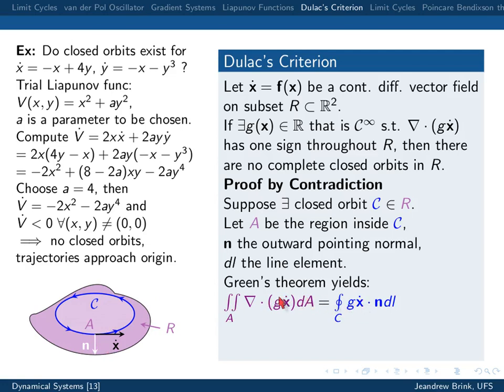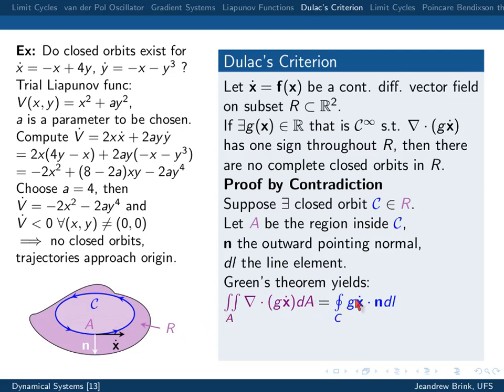Written here, the divergence of the function which we're considering, g of x dot, times dA is equal to the line integral along C of g times x dot dotted with the normal n, dl. A physical way of thinking about it is that the way in which the function moves apart inside is equal to the flux through the boundary. That's how physicists use it, but it's the rigorous Green's theorem.